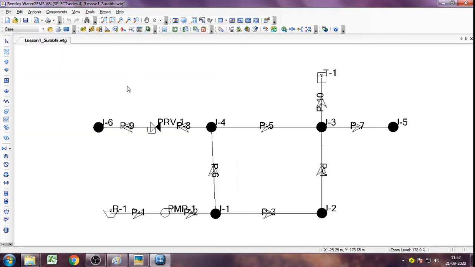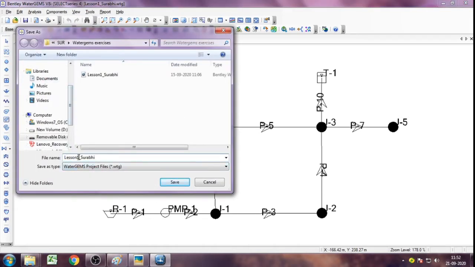What we want to do is continue from lesson number 1 to lesson number 2, but I don't want to change my lesson number 1 file so that I can use it again later on also. So I will make another copy of lesson number 1 and work on that, rather than modifying the same file. For that, go to File, Save As, and make another copy.